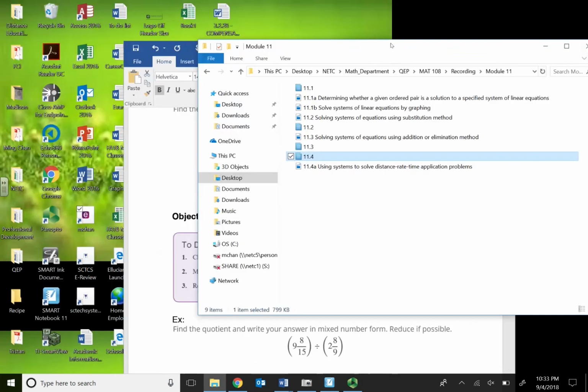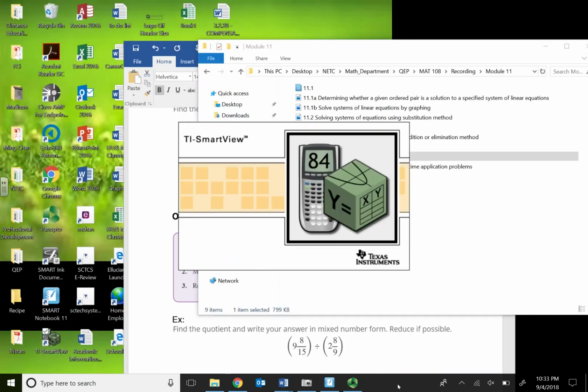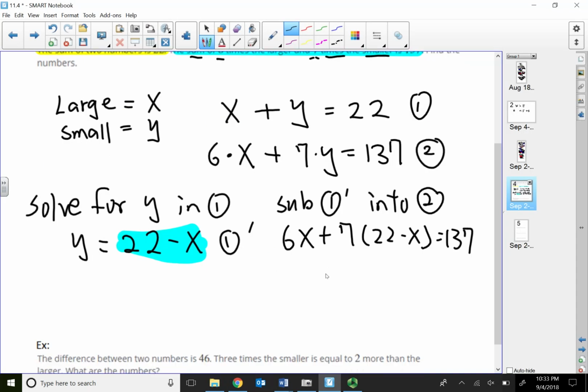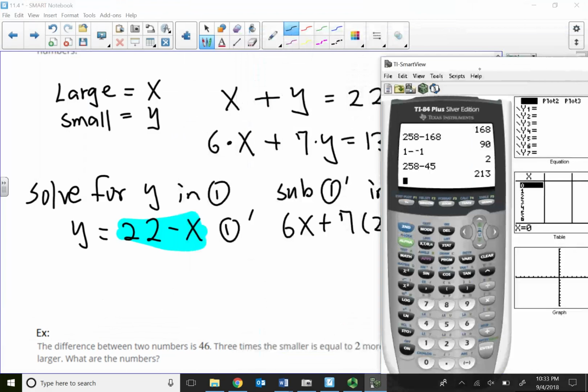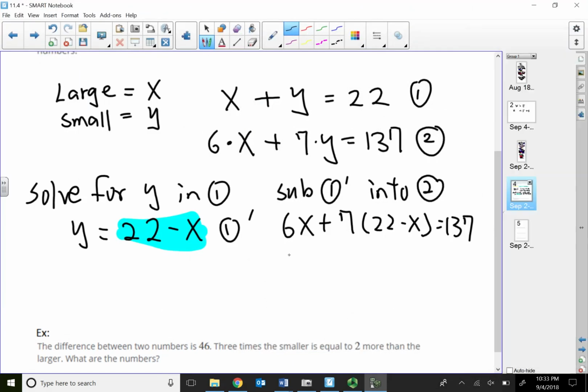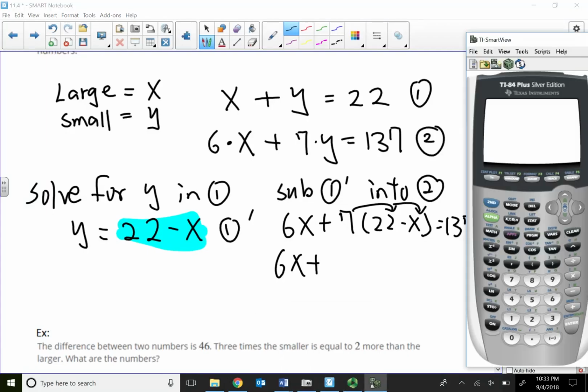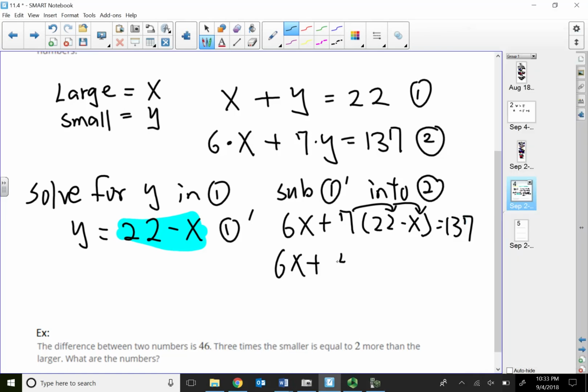All right, let me use my calculator real quick. So 6x is still 6x, plus 7 times 22 minus x, so do a distribution here. 7 times 22 is 154. 7 times negative x is negative 7x, equal to 137. 6x minus 7x is negative 1x.